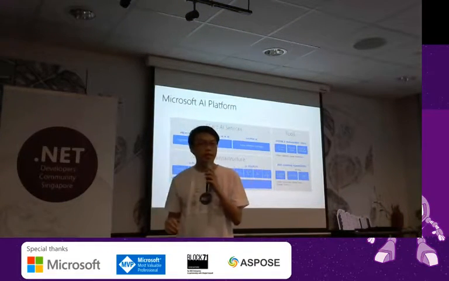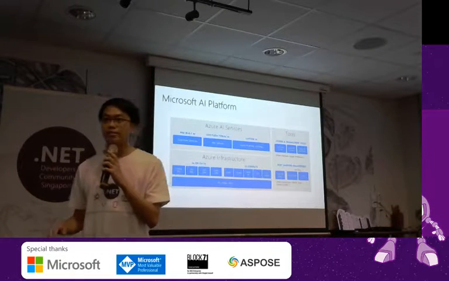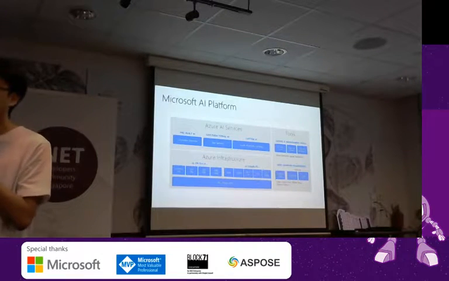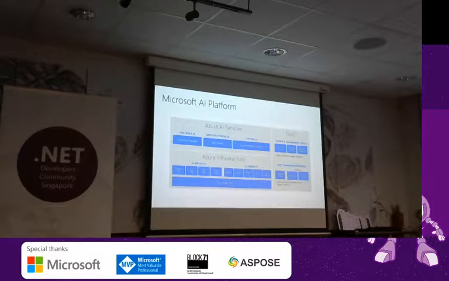Microsoft actually has several AI services, and one of them is custom vision. It is part of cognitive services, which you often hear about, like OCR, face verification and so on. It's part of the Azure AI services.